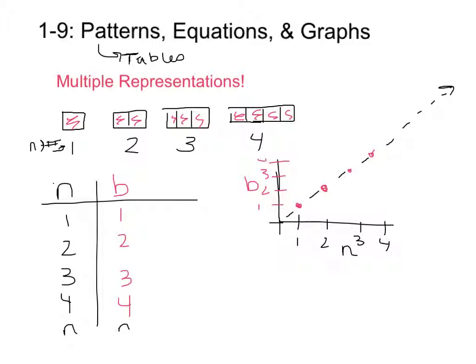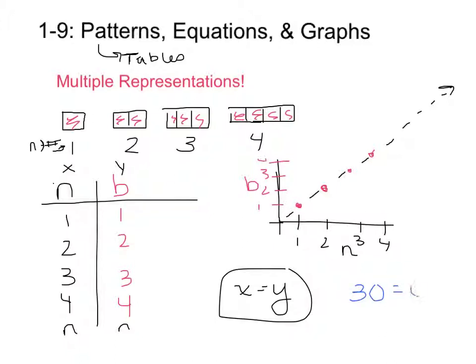Then I can create an equation where my x value might be this, my y value would be this. My x would equal my y. So this would be my equation. So if I knew x equaled 30, my y would also equal 30 as well.